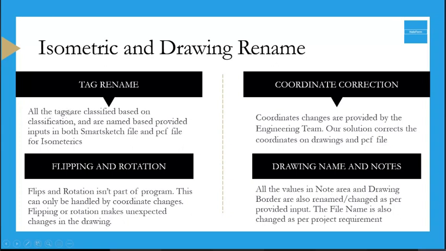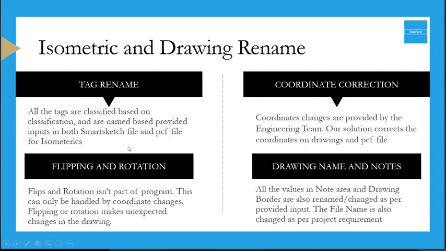So proceeding with tag rename. We take all the inputs from the engineering, and for every item, let's say we are dealing with a mechanical item, pipe runs, specialty components, or instruments, we classify everything, and then we create a rule so that all the tags are renamed with the rule in the Smart Sketch file and the PCF file for isometrics.